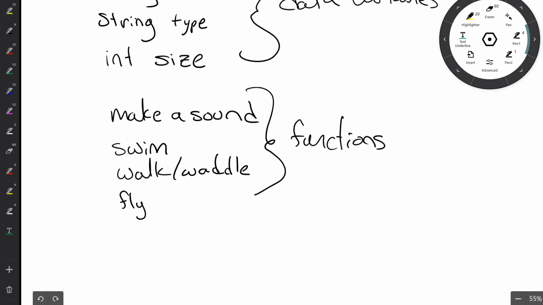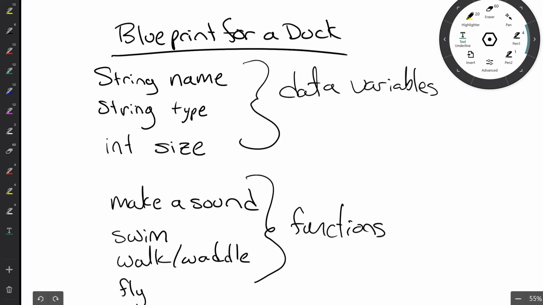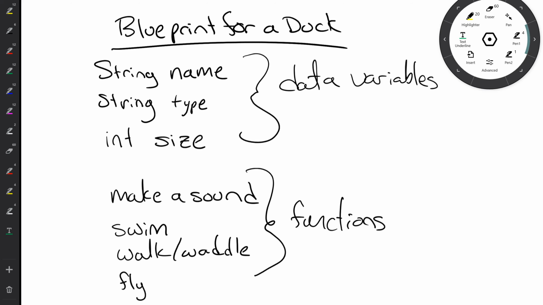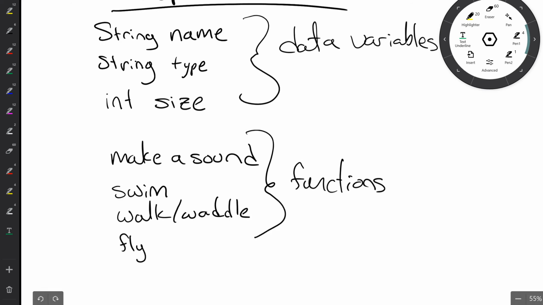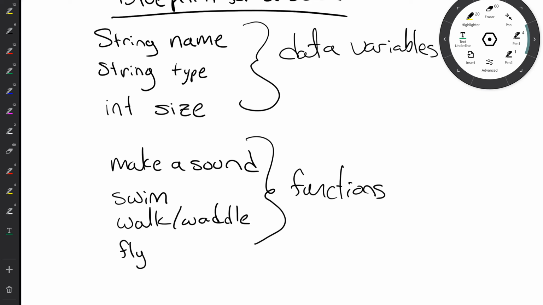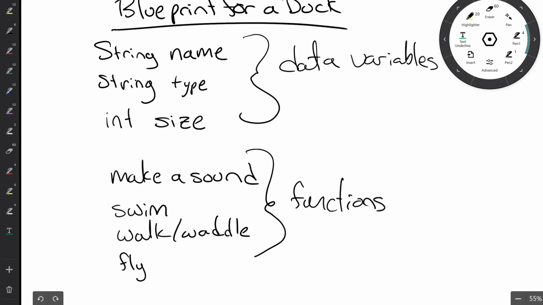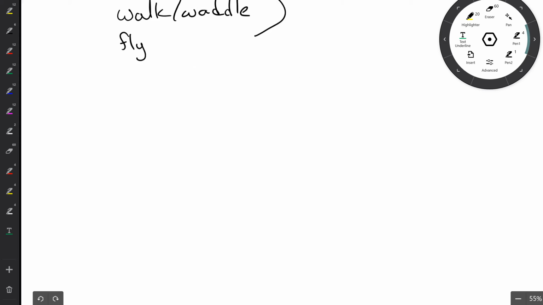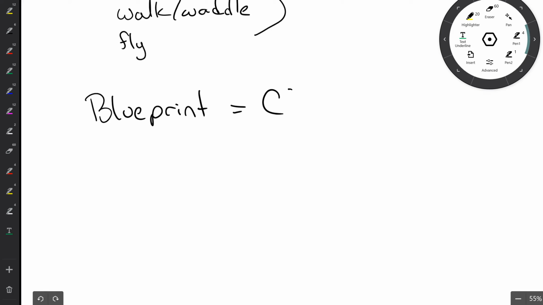So if we want to create a duck object, now that we have a blueprint, we can easily create as many duck objects as we want. We just have to build the blueprint in code. This is the difference between classes and objects. This generic blueprint for a duck is called a class.